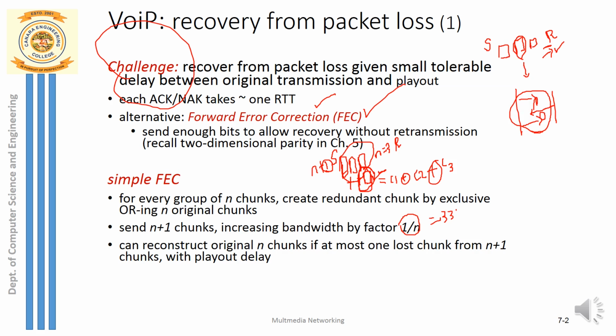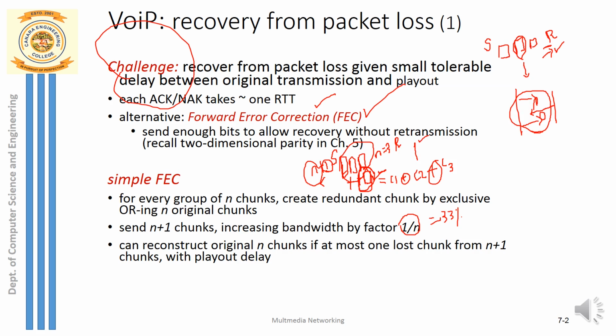And remember, the size of the group n here should be very much smaller. If the group size becomes larger, the receiver will have to wait a long time to play or receive that group of chunks.